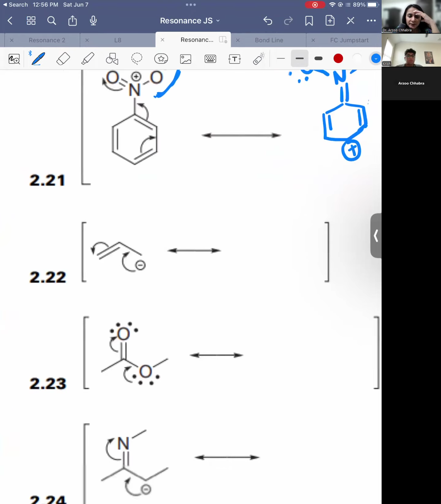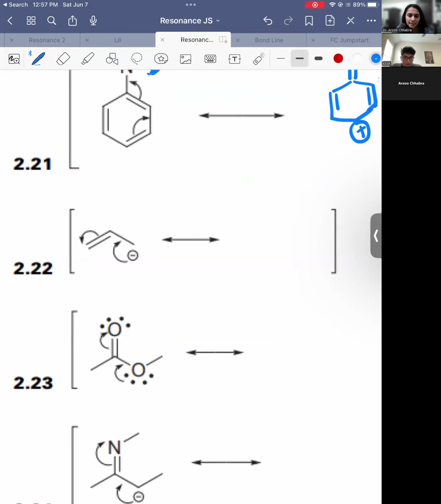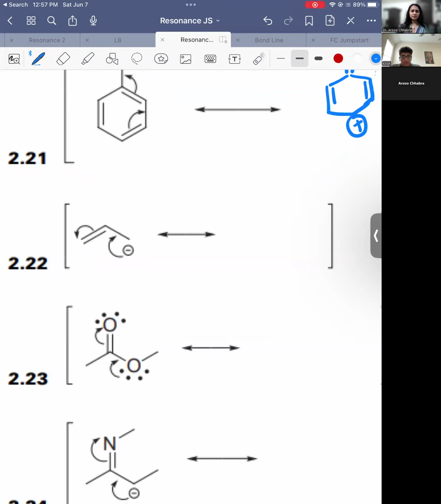I think the next one's easier. Let's just start from the minus charge. The minus charge is leaving the carbon because it has an extra lone pair and it's going to form a double bond. Oh, this is just a mirror image, right?